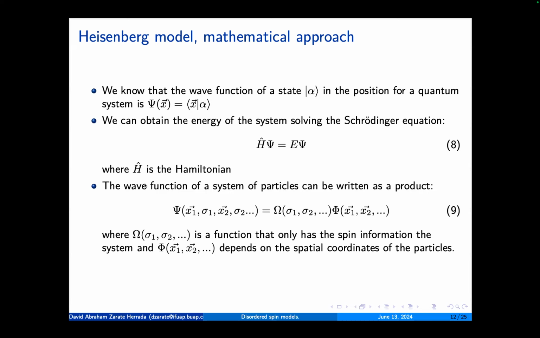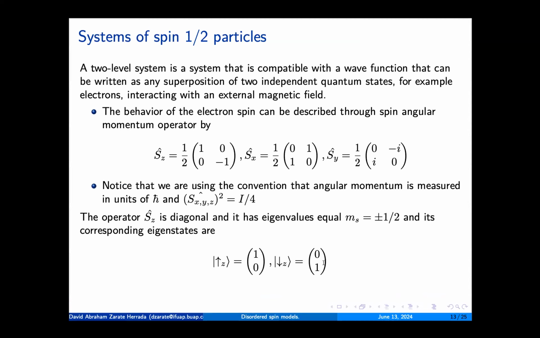The first function has all the relevant information about the spin, and the other function has the information of the spatial coordinates in space. For this example, we are going to work with a two-level system of two coupled particles.